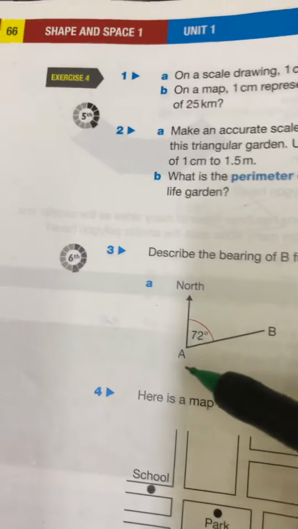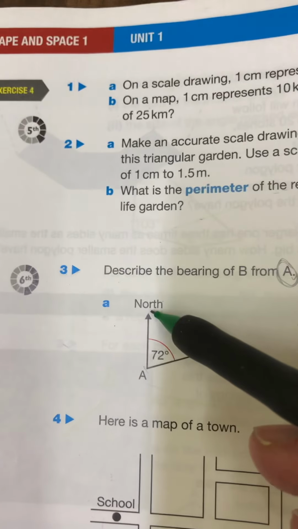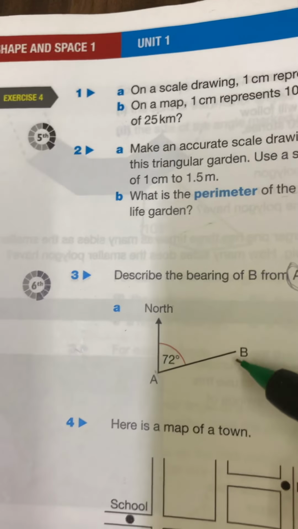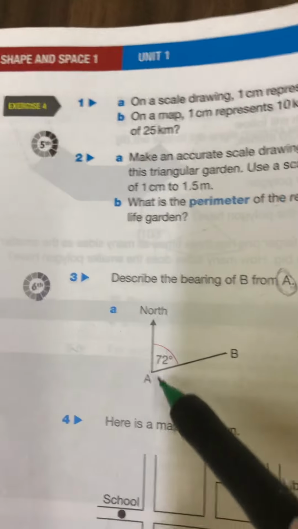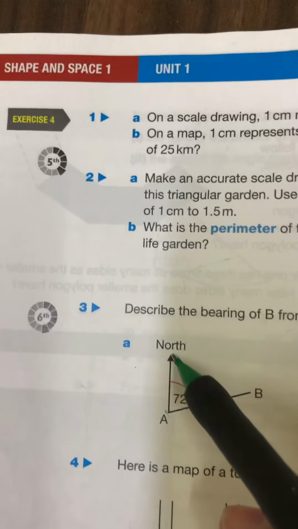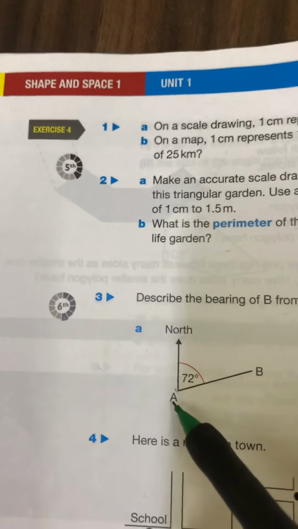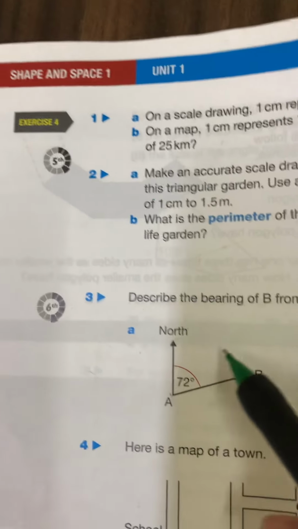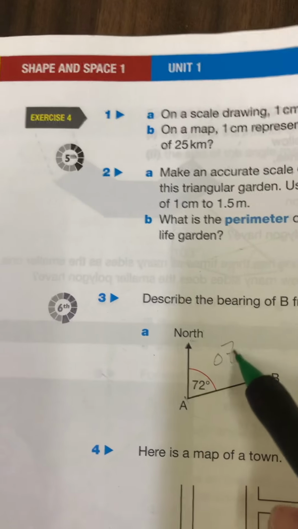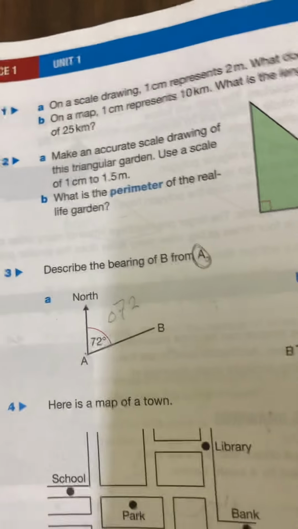The rule is I'll come from A and go to the north direction, then walk clockwise till touching the line between the 2 points A and B. So again, I will start after the word from. From this point A, I will go to the north direction, then walk clockwise till touching the line between A and B. Measure the angle between them. As you see, 72, I will not write it 72, I will write 072 because the bearing angle must be written in 3 digits. Okay, I will do the same here.